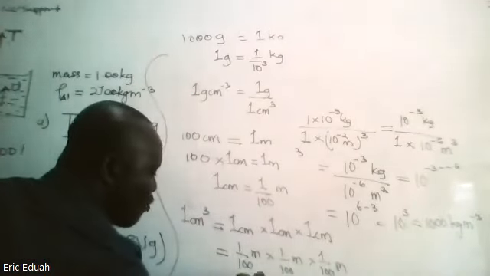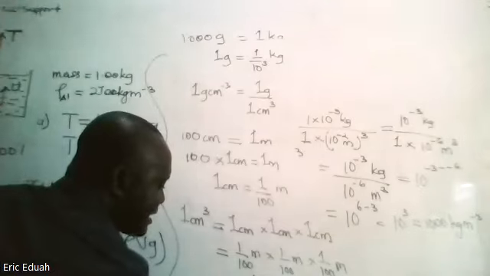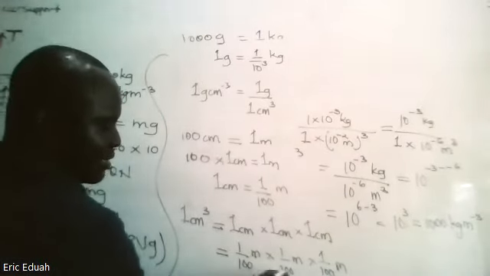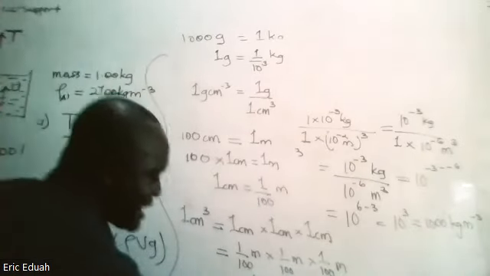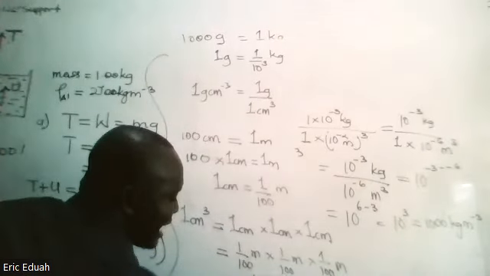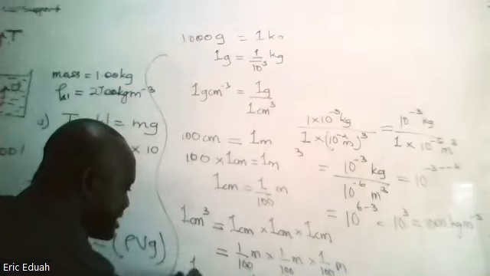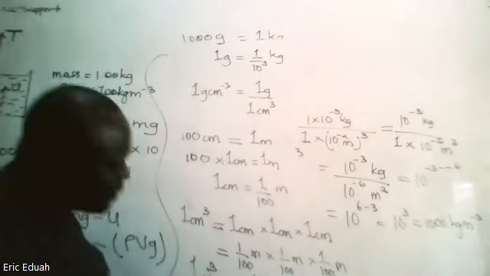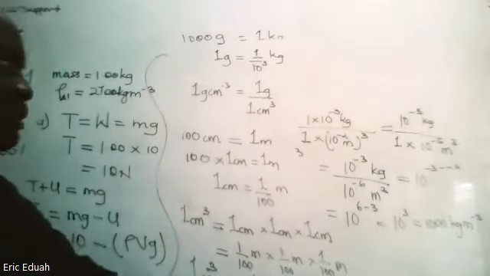So in effect, I have 1 over 10 to the power what? 6 meter cube, and that is the equivalent of 1 centimeter cube in meter cube.